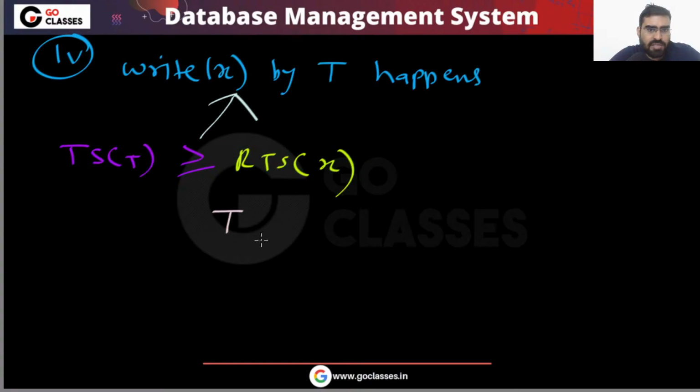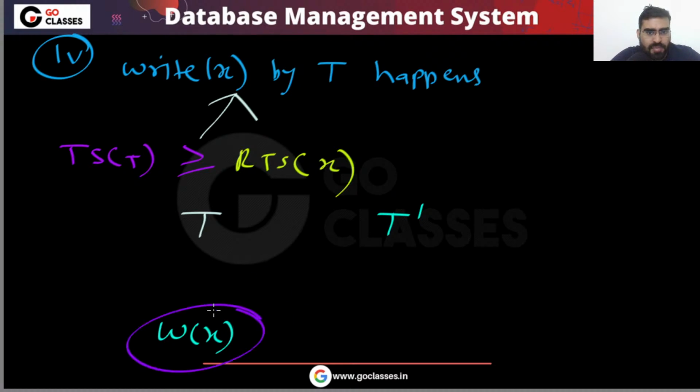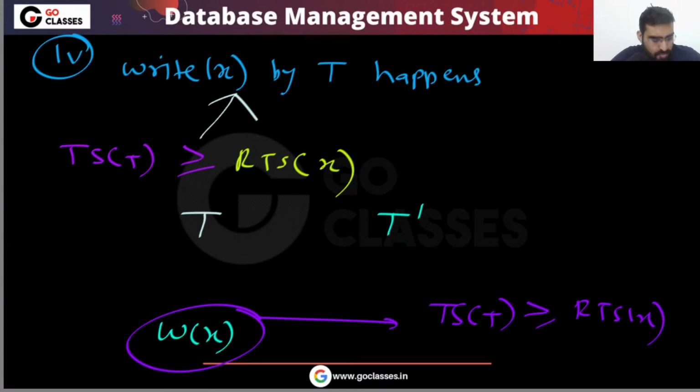Like this is your transaction T, and this is some other transaction T dash. Let's assume this is the write operation it is doing. At this point of time, let's assume transaction T's timestamp is greater than the read timestamp of X, then what is the problem?